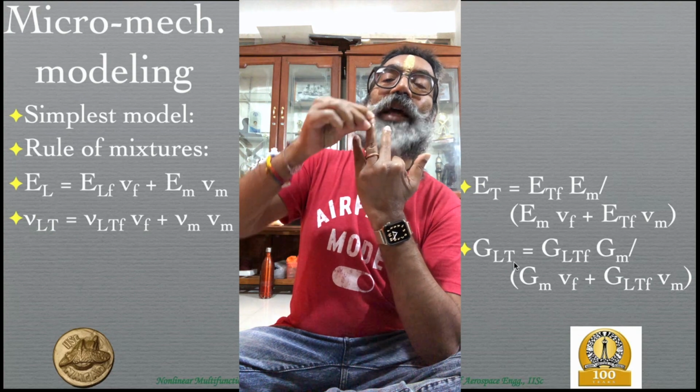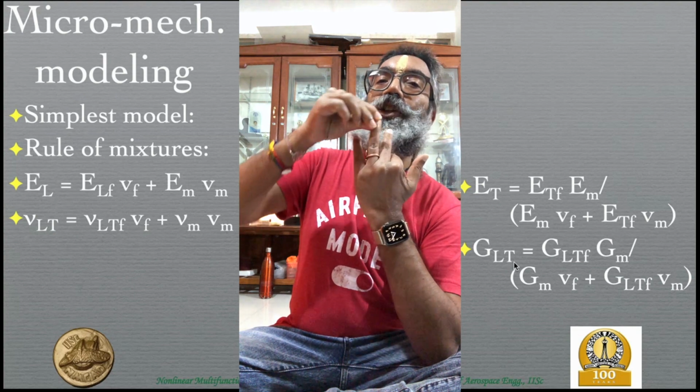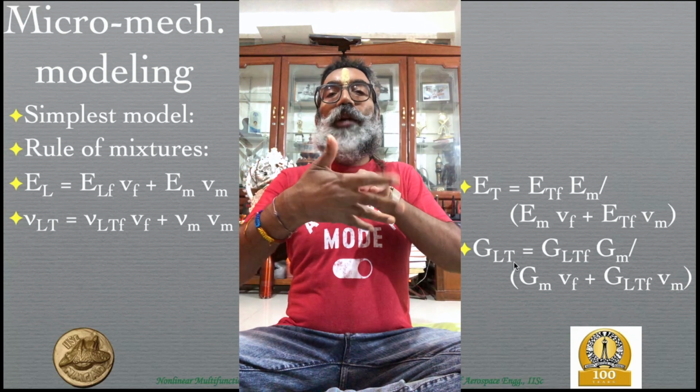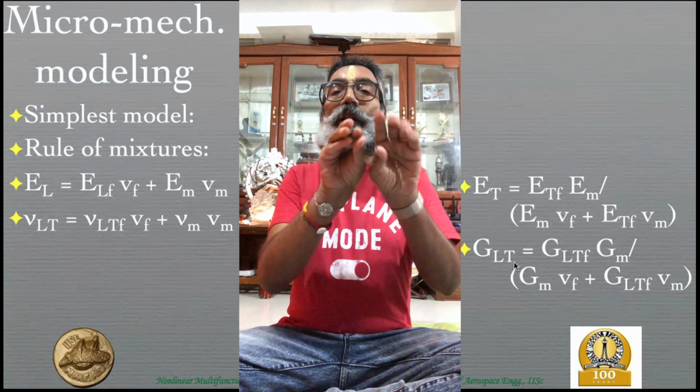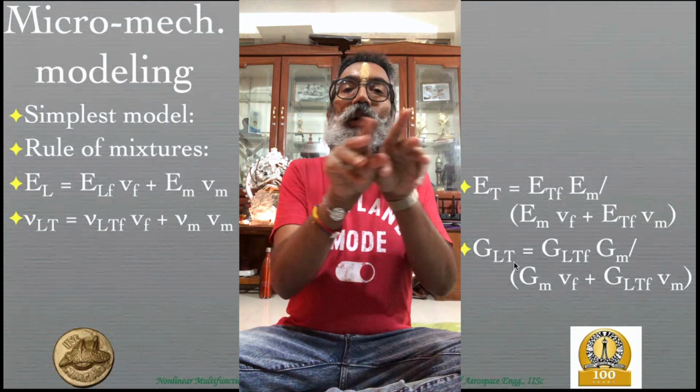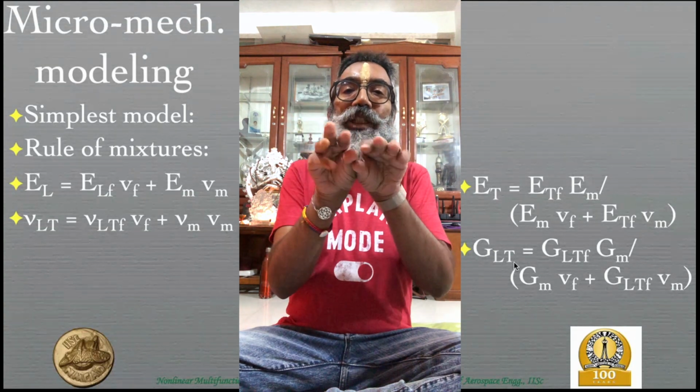So this particular shear modulus is slightly different in behavior from the shear modulus over here, where the fibers are of circular cross section, small, and they just move along with the matrix and do not offer much resistance.